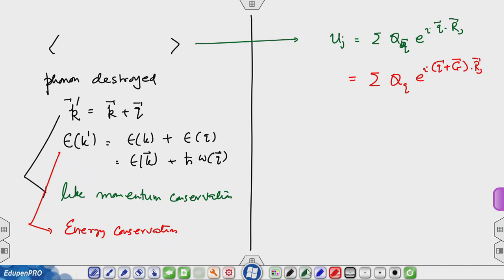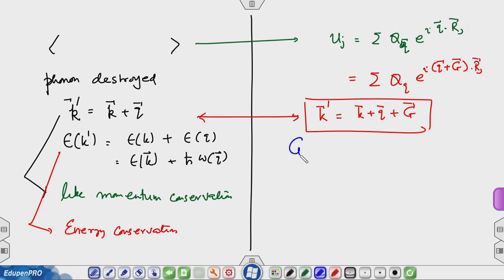So this relationship could also be k prime equals k plus q plus some g. So this is the general sum rule for scattering by one phonon. So k is conserved only up to a g, you can always add and subtract g.